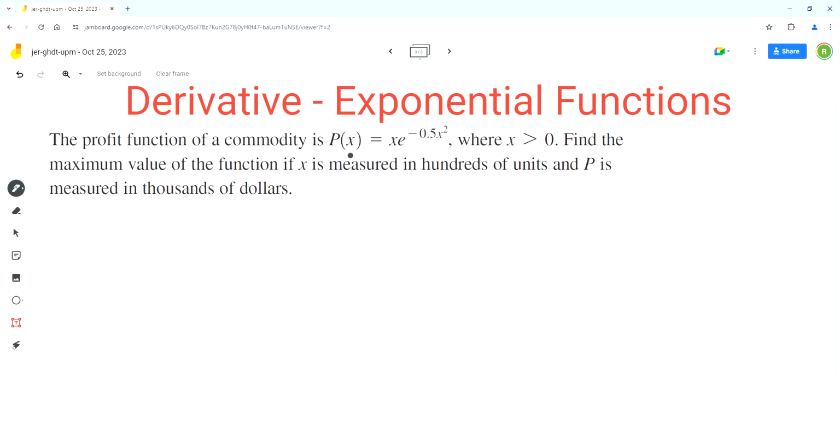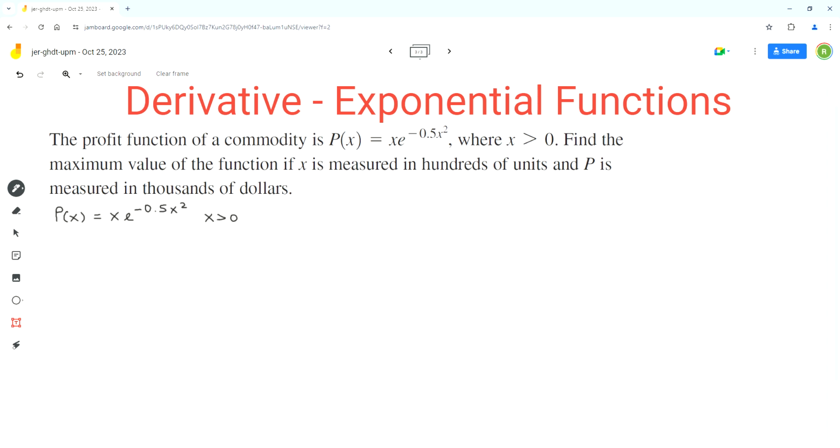So let's start by writing this profit function. Now the domain for this function is given as x is greater than 0. Now we have to find the maximum value for this function.